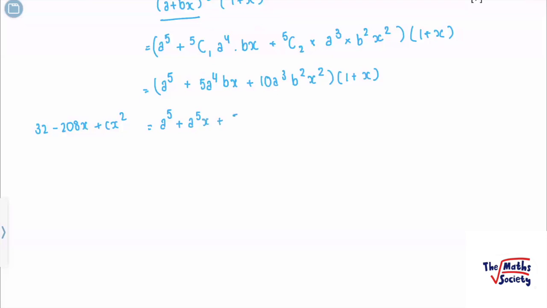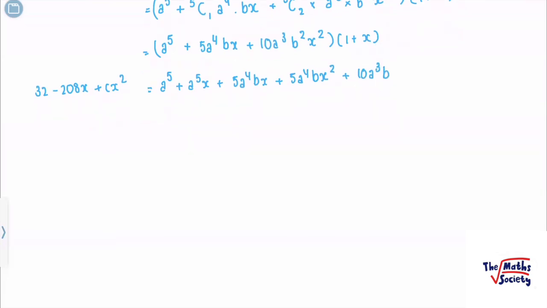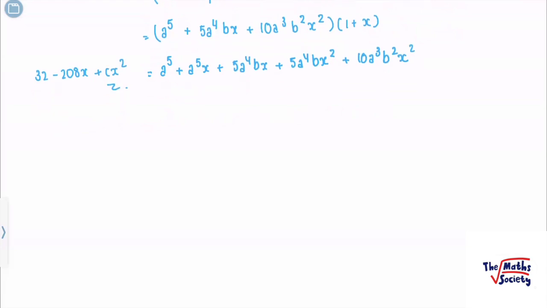And then it's going to be 5a to the power 4 bx plus 5a to the power 4 bx squared plus, and then another one is just going to be 10a cubed b squared x squared. We don't need to find the x cubed anymore because we only want cx squared, right? So you can save your time by not writing it.